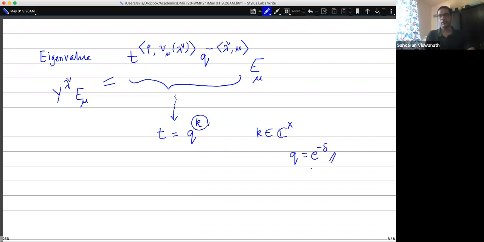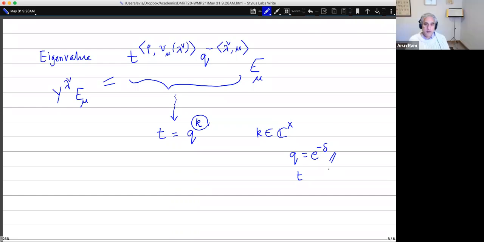It's the additional degree of freedom coming from when you go from the finite to the affine. The t seems to be more like a genuine parameter here, the Hecke algebra parameter. Arun, is that a reasonable description? Yes, I think so.